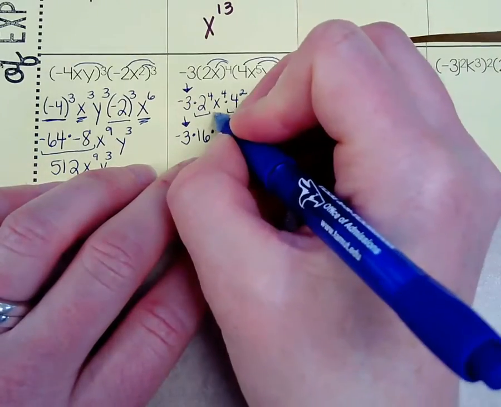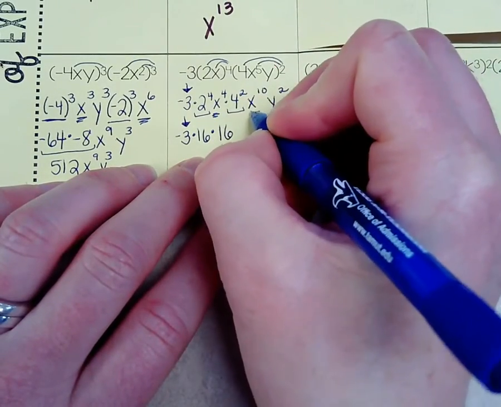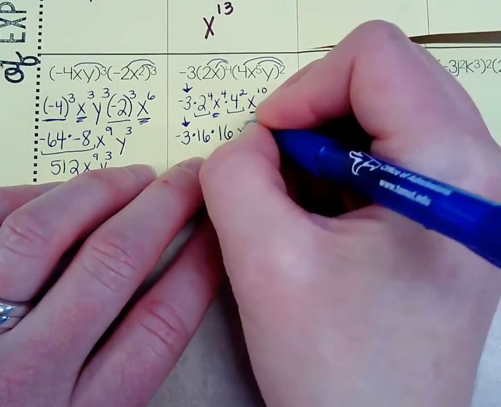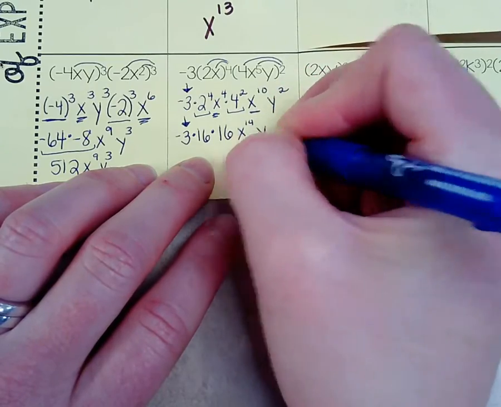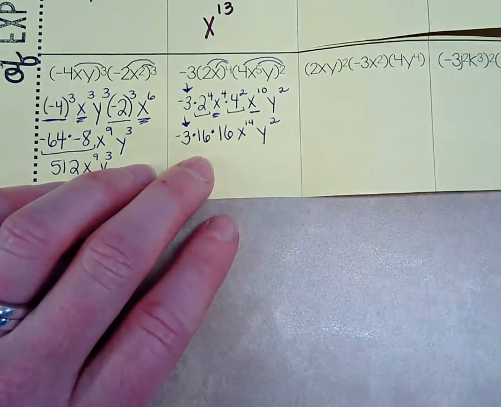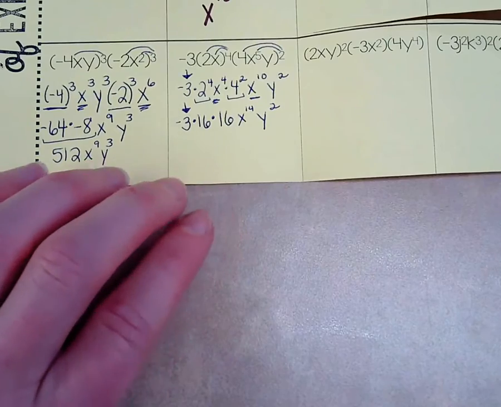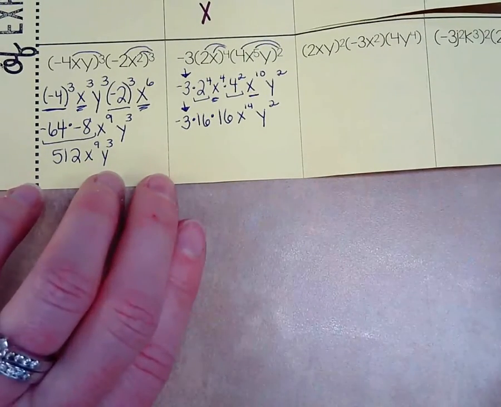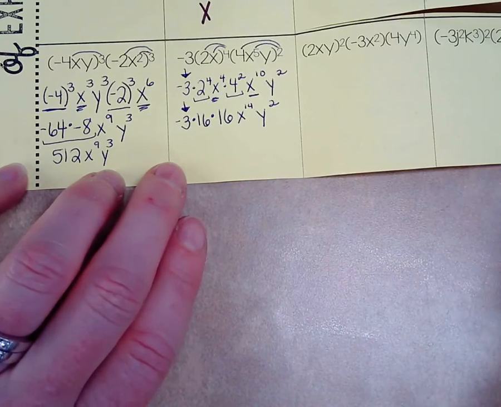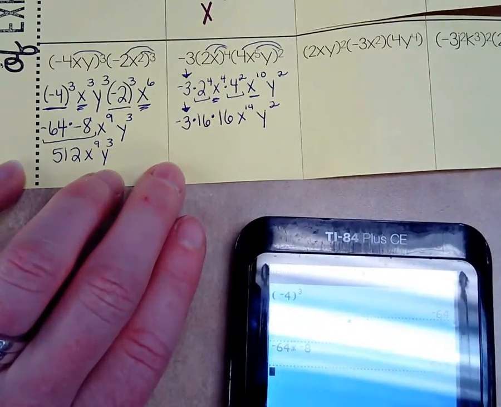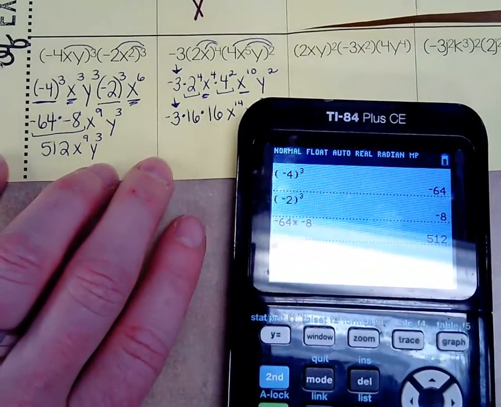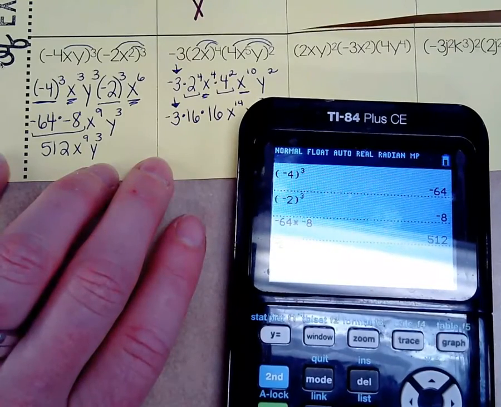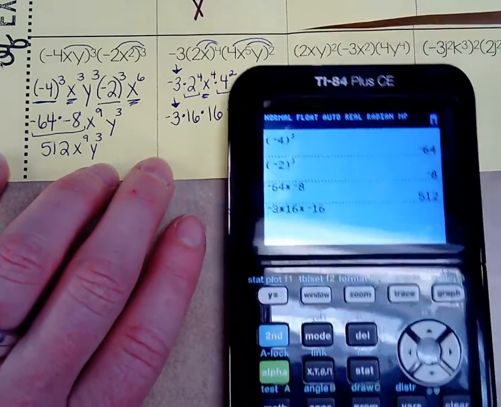What about the x's? x4 and x10. Yep, x14, y squared. What should I do next? -3 times 16 times 16.